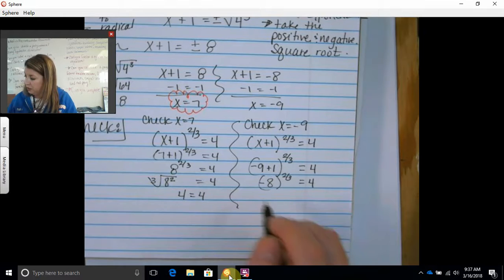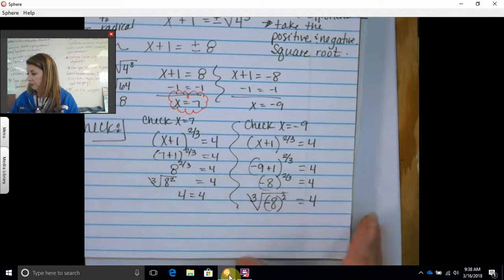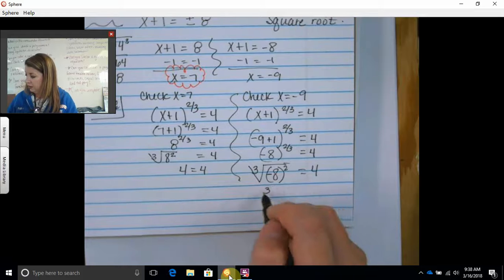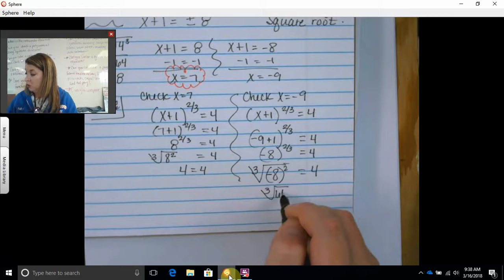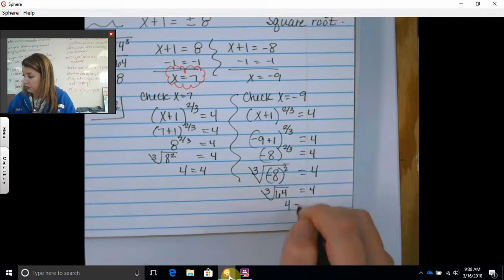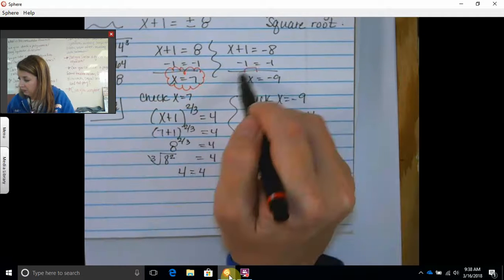So that's going to be the cubed root of negative 8 quantity squared. And what is negative 8 quantity squared? Well, no, we're squaring it. 64, and it's positive, right? And the cubed root of 64 is 4. Does 4 equal 4? Yes, it does. So negative 9 is a solution.